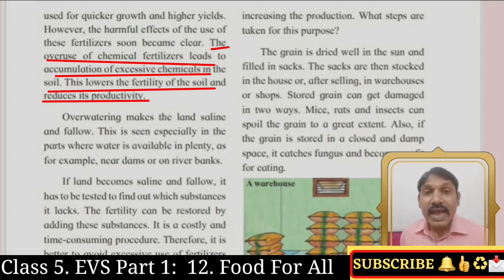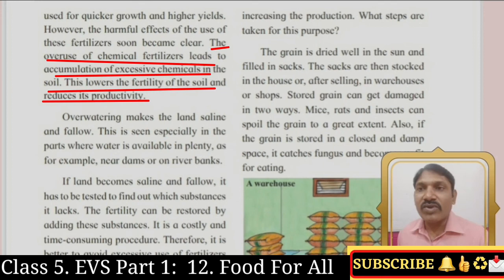Yes, students, there can be excessive deposition of chemicals in the field, and because of that accumulation of excessive chemicals in the soil, this lowers the fertility of soil. The soil can become unfertile because of accumulation of excessive chemicals and reduces its productivity, its capacity to produce the crop. Okay, students, have you understood? Very good.